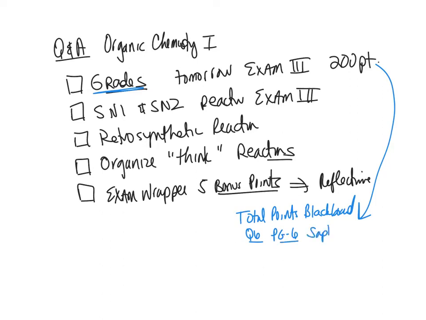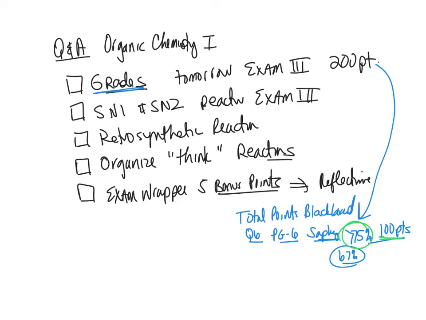Look at your Sapling. I've already looked at people's Sapling. Tonight's the last assignment, so tomorrow I will put Sapling grades into Blackboard. But if you have greater than 75%, then you get all 100 points for your Sapling homework. So if you have maybe a 67%, make sure you get that up to 75. So don't leave those points on the table.